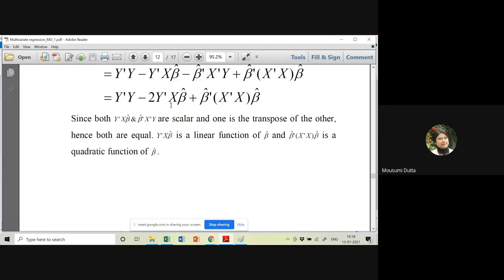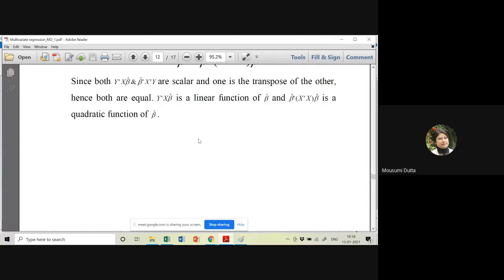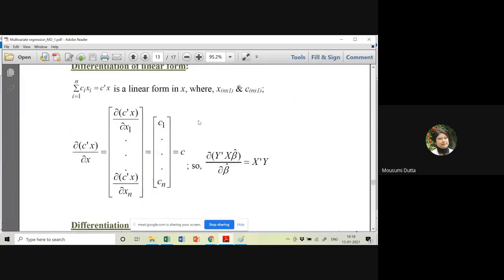The standard thing is I'll get minus 2 y prime x. However, it will not happen here. The position of the transpose will change. If I take derivative of y prime x beta hat with respect to beta hat, I'll get x prime y.